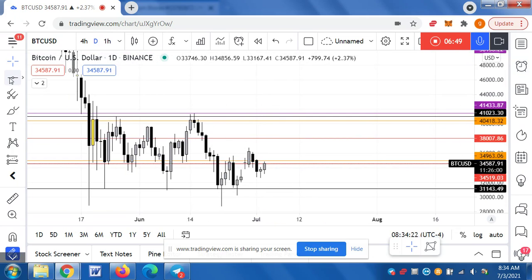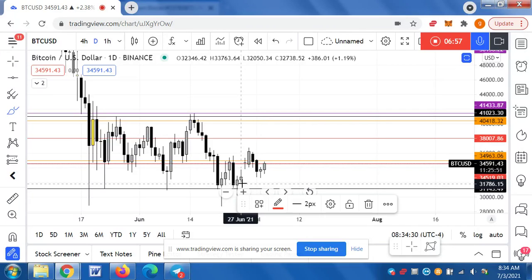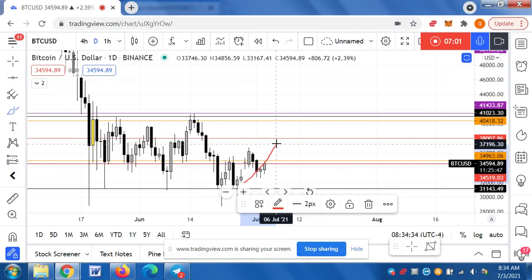So, just to demonstrate, I bought here, went all in here, and price moved away. I'm going to sell 25% of my bag here. More than likely we'll get a retest.